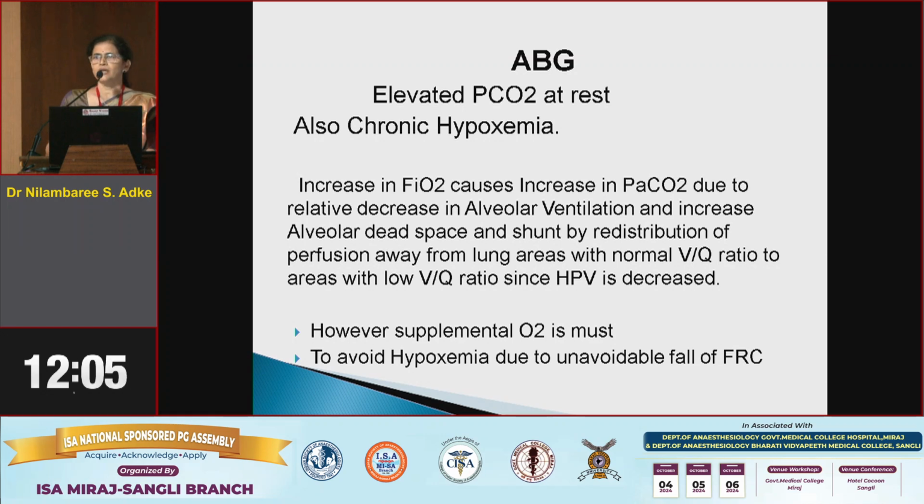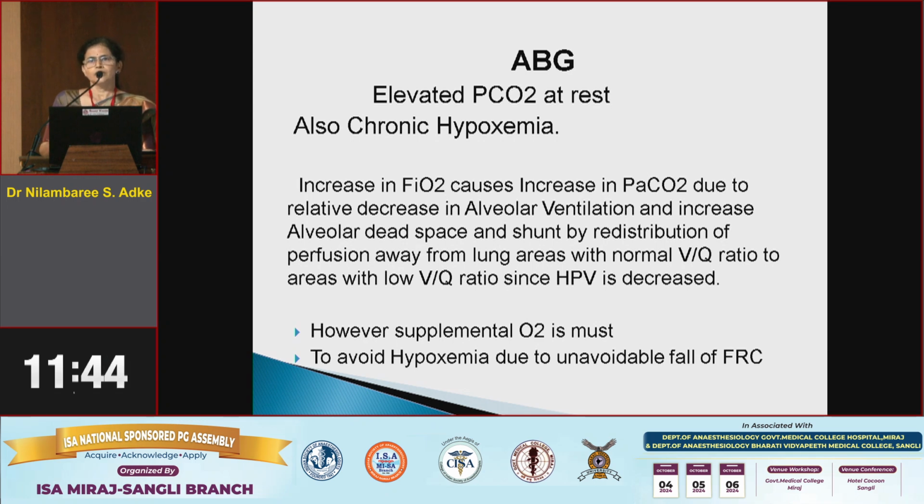The concept is that when we give increasing oxygen concentration, that may blunt the patient's hypoxic drive. But blunting of the hypoxic drive can happen in some patients, while mostly the increase in CO2 is actually due to a relative decrease in alveolar ventilation.